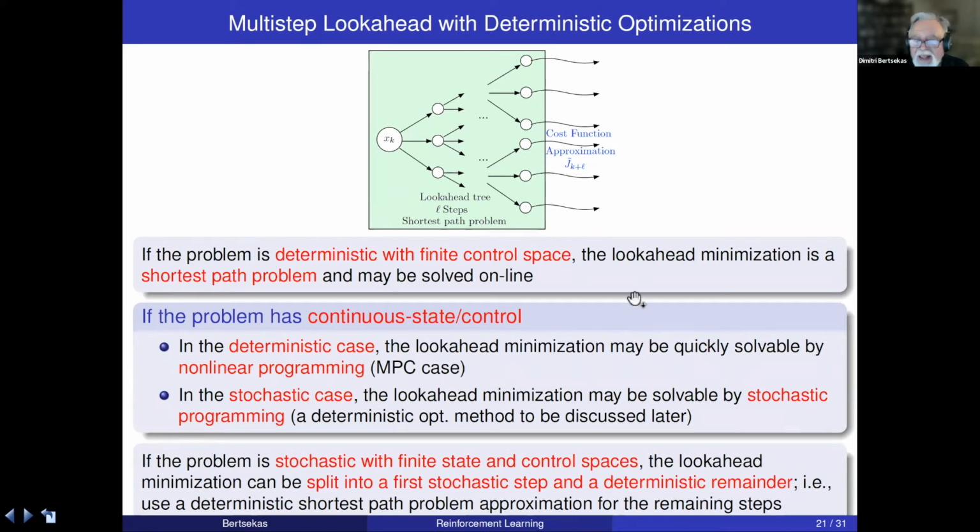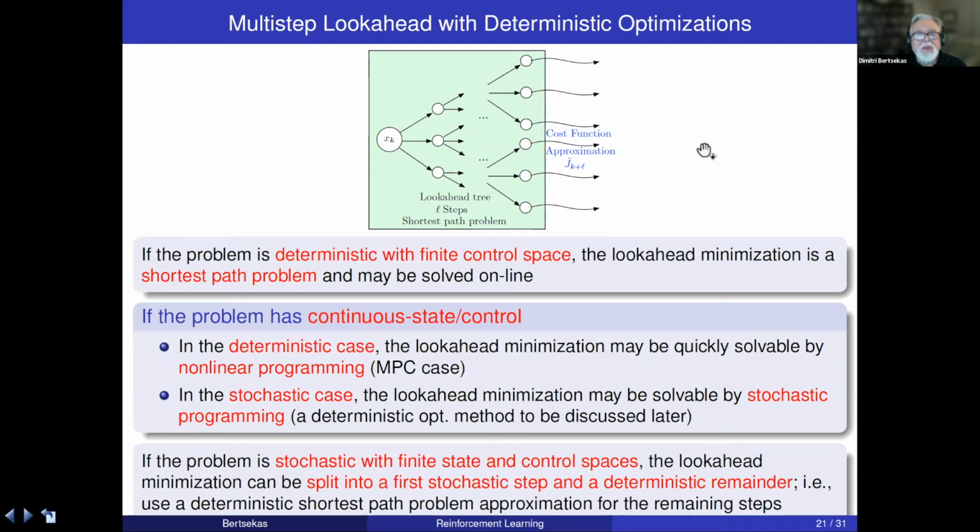On the other hand, it retains the advantage of the Newton step, because remember, the Newton step is the very first step, and the remainder is approximation, cost function approximation. So this type of technique works much better from the point of view of performance than converting this L-step minimization into a deterministic optimization by certainty equivalence.